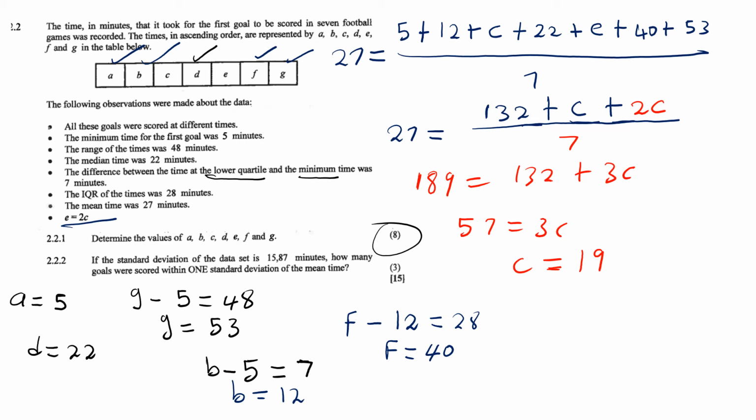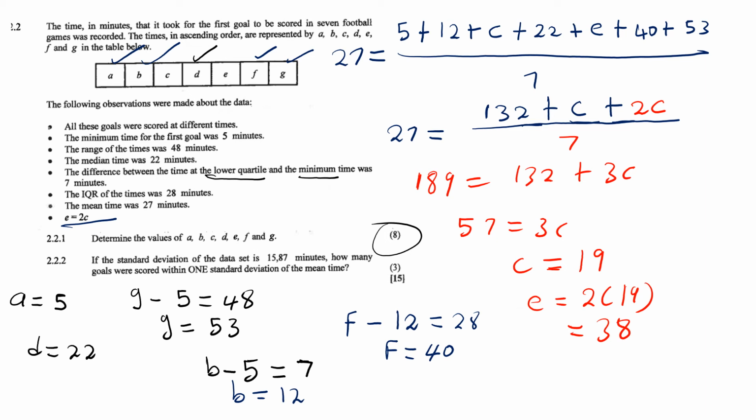After determining our C, what's left? Oh, it's E. E is 2 multiplied by C, which is the same as 38. We have determined everything there. So that's perfect. So grade 10, we are done.